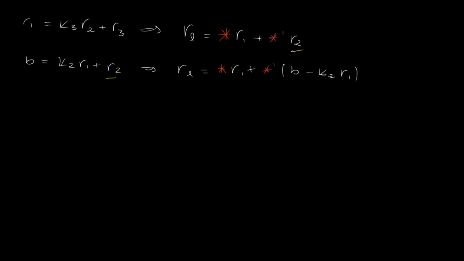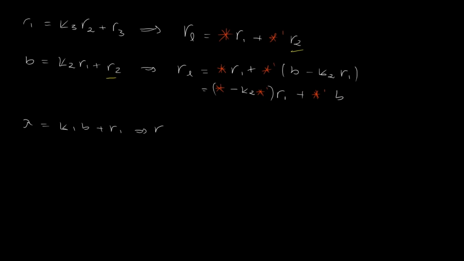Or we can rewrite it as star minus K2 times star prime, all this times R1 plus star prime times B.